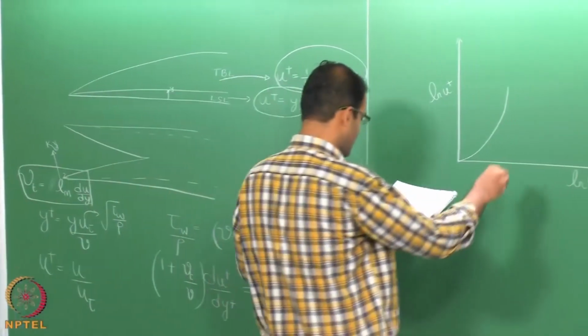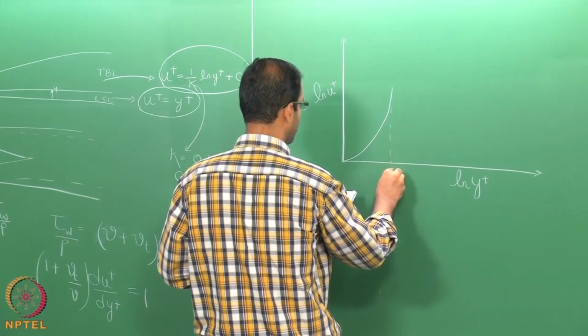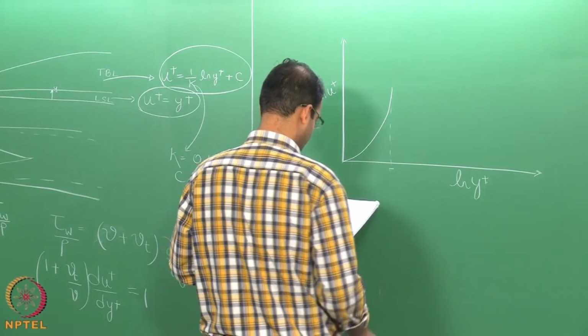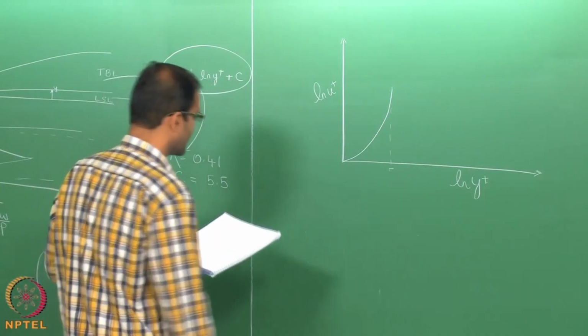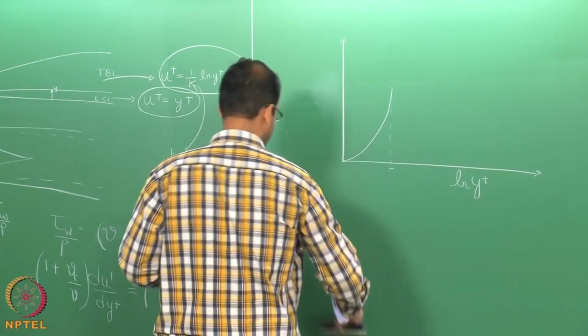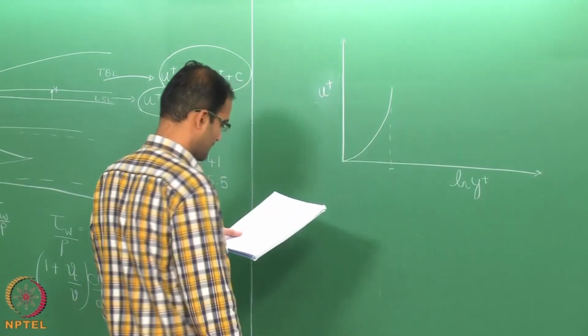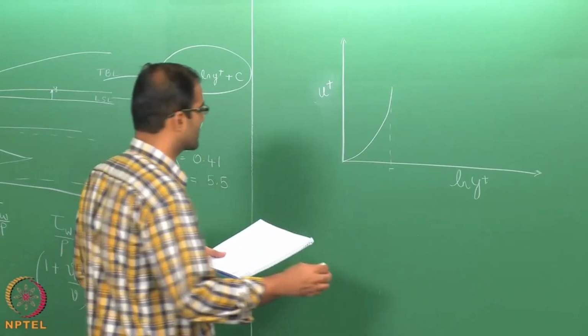So the edge of this will be somewhere around here. U plus need not be on a logarithm scale. We can actually plot this directly on a linear scale itself, but the y plus will be on a logarithmic scale, because y plus variation is quite significant.